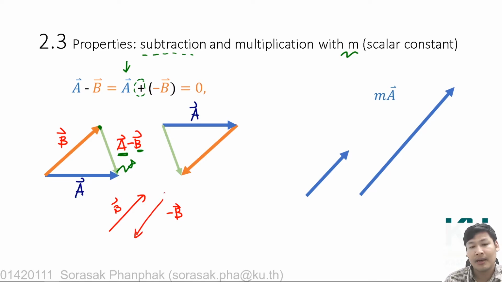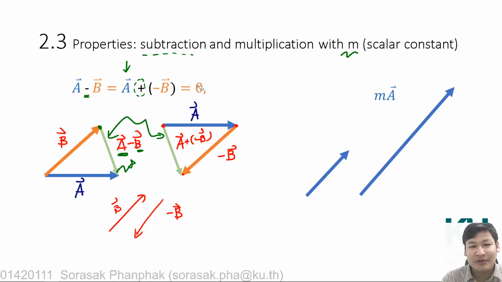It's still parallel, but points to a different direction. So now you have this as a minus B vector, and then you can sum it up. So you have head to tail and head to tail, and this is another vector called A plus minus B, and you can see these green arrows are exactly the same. So the way to do a subtraction in vector is you have vector A plus the minus B vector.